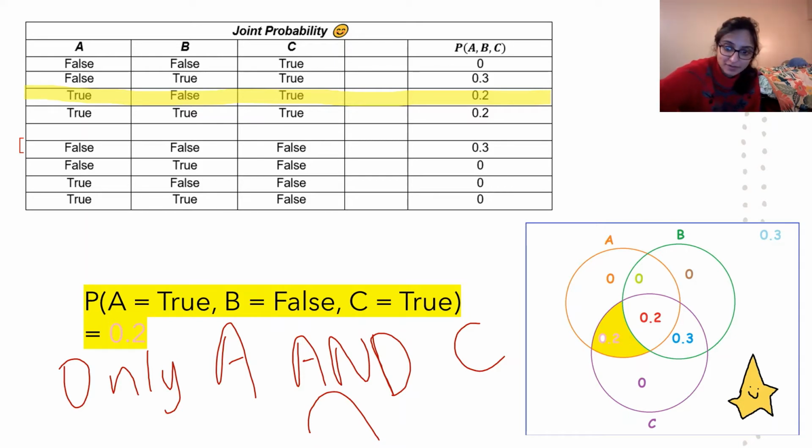So B is false leads to that being cut out.